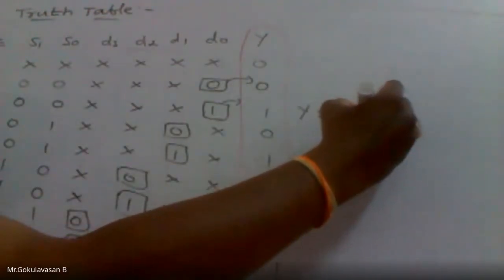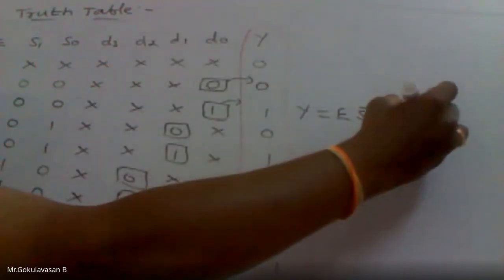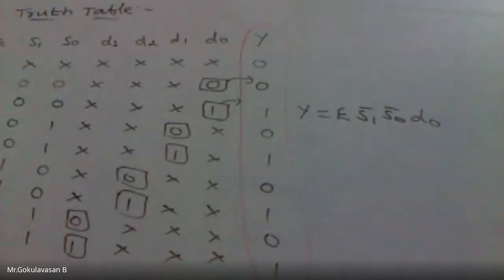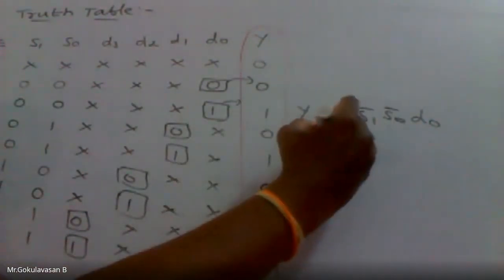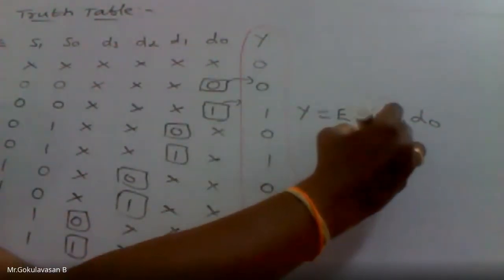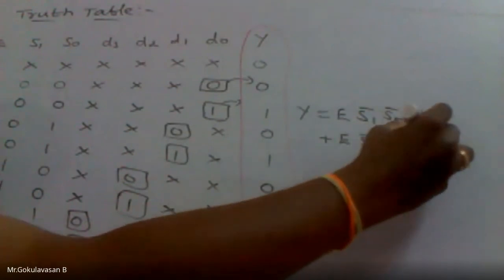That means E, S1, S0 are bars. So E, S1 bar, S0 bar, and D0. D0 is 1. So if this is the combination, then output is 1. Next one is coming over here, plus E, S1 bar, S0, D1.